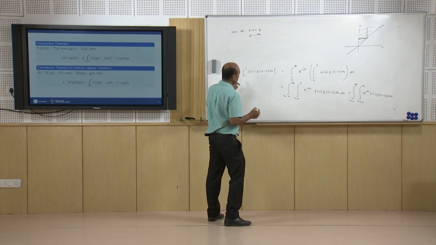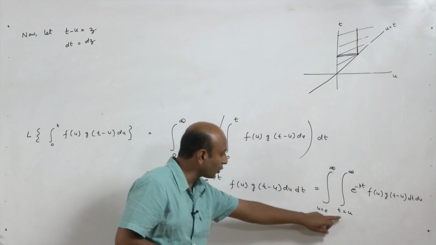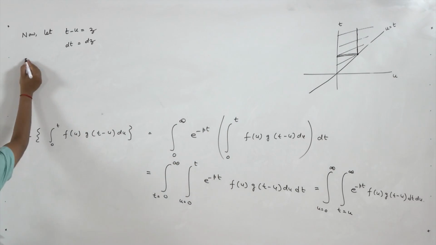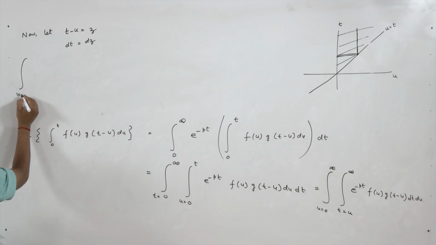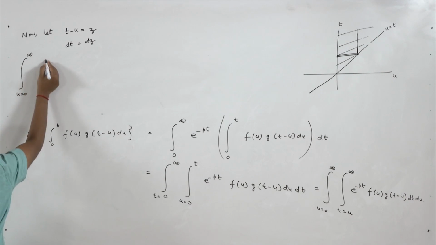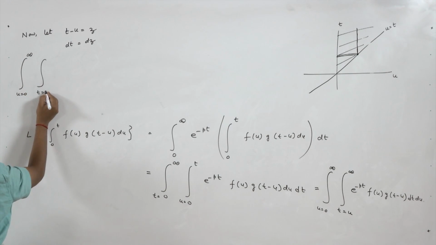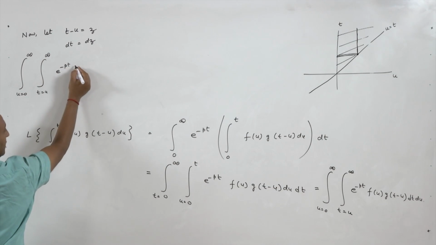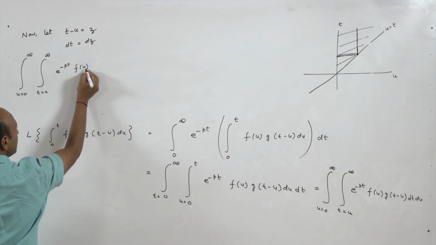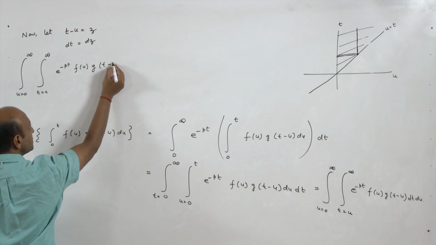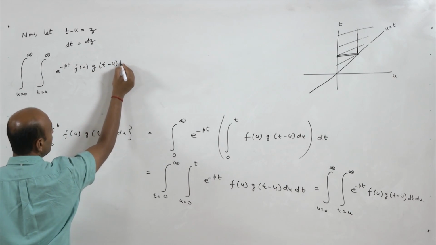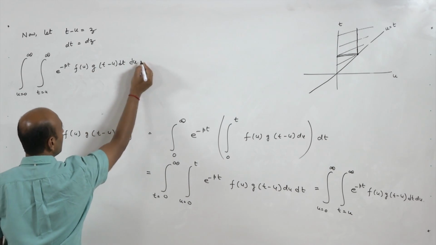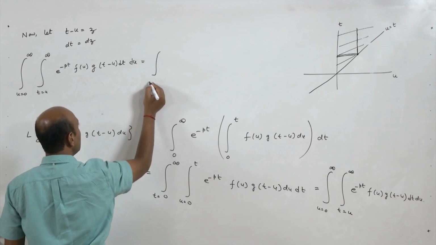So this expression I am talking about, which is u equal to 0 to infinity, t from u to infinity, e to the power minus pt, then f(u), then g(t minus u), dt du will be equal to, u remains as it is.